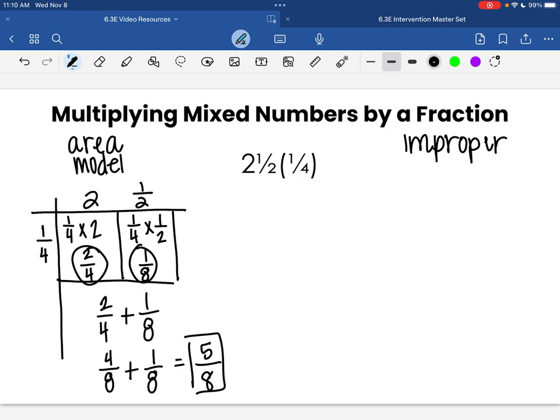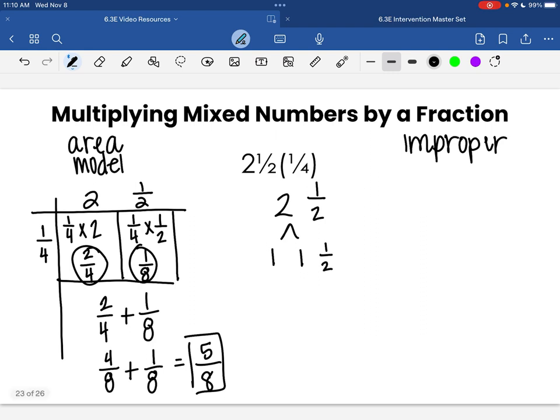Now, my second strategy that we can look at, which is using improper fractions, is look at 2.5, and I want to rewrite that just as an improper fraction. So 2 wholes actually decomposes into 1 and 1 with an extra half.